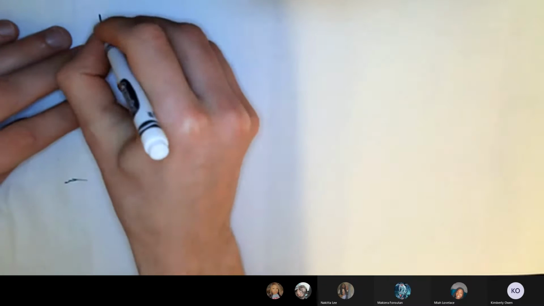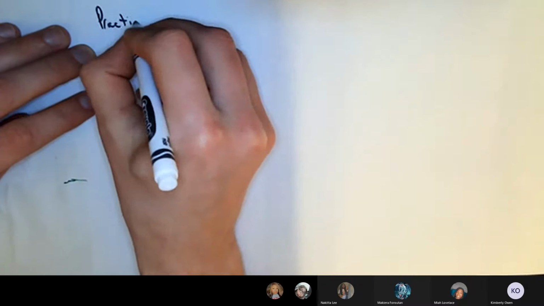Okay, so I'm about to be out of paper. Let's just do a practice one real quick. I don't remember what example we're on, so I'm just going to call this a practice problem.